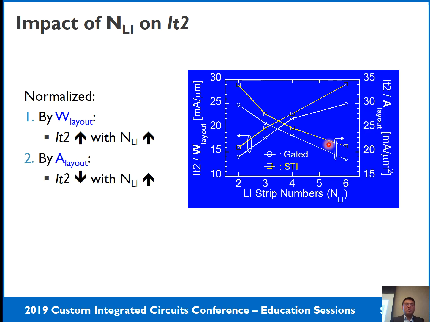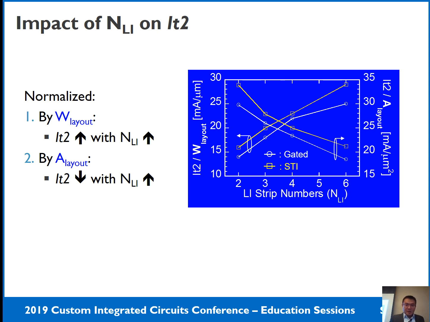But when It2 is normalized by the layout area, the It2 actually decreases with increasing local interconnect number, because increasing local interconnect number also increases the fin length in either the anode side or the cathode side. This will increase your total layout area.